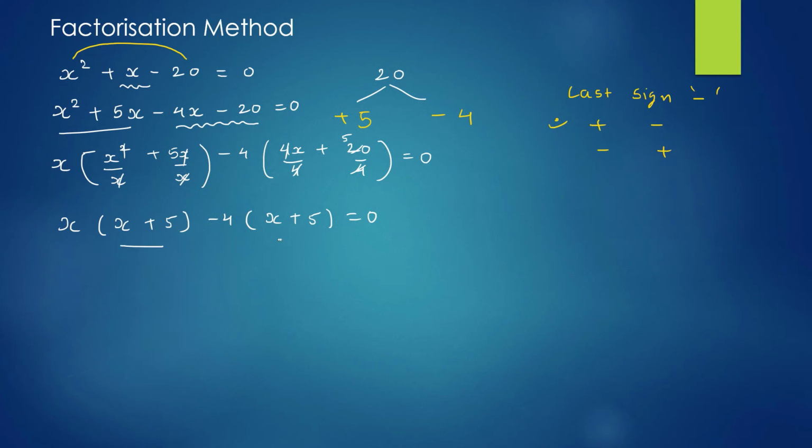So again, take a common x plus 5, then x minus 4 is equal to 0. We will compare x plus 5 with the 0. So x plus 5 is equal to 0, or x minus 4 with the 0.